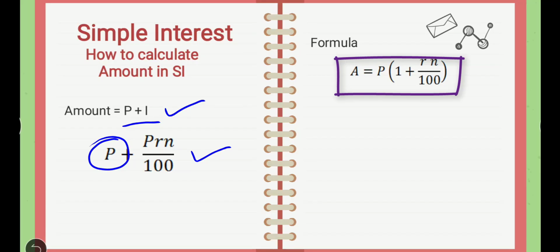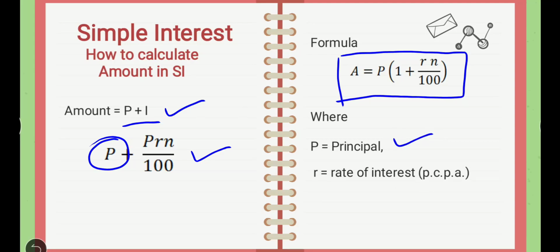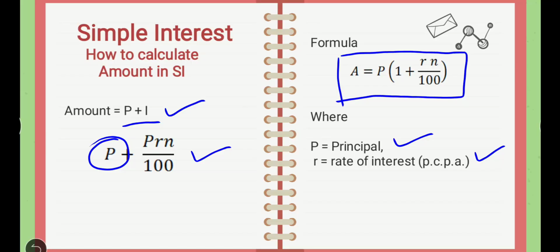We can read it as amount is equal to P into bracket 1 plus R into N divided by 100. We can use this formula to calculate the amount directly, where again P is the principal, R is the rate of interest per capita per annum, and N is the number of years. So by using this formula we can calculate amount in simple interest.